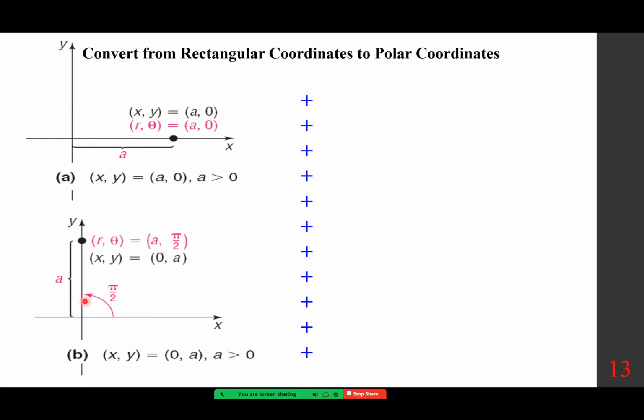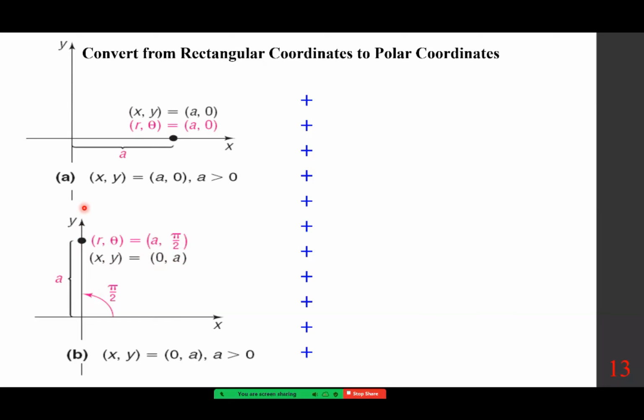Now, the y-axis. On the positive side of the y-axis, x, y have coordinates 0 comma a, right? If this is a, then a is the r and theta is pi over 2.